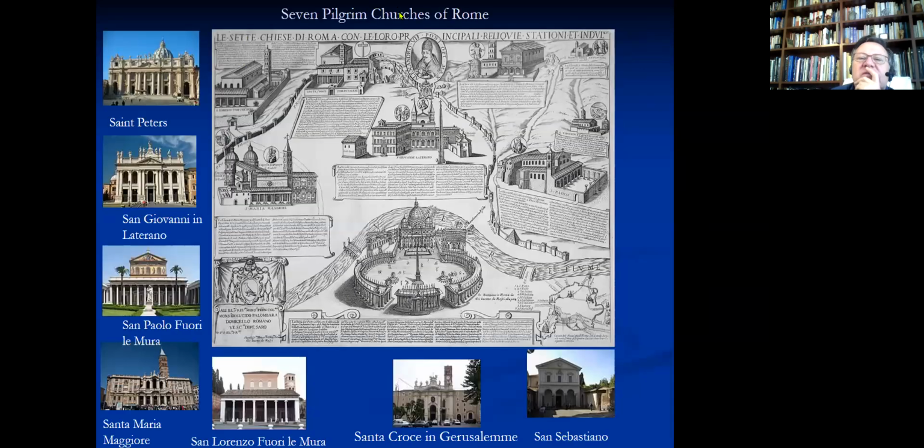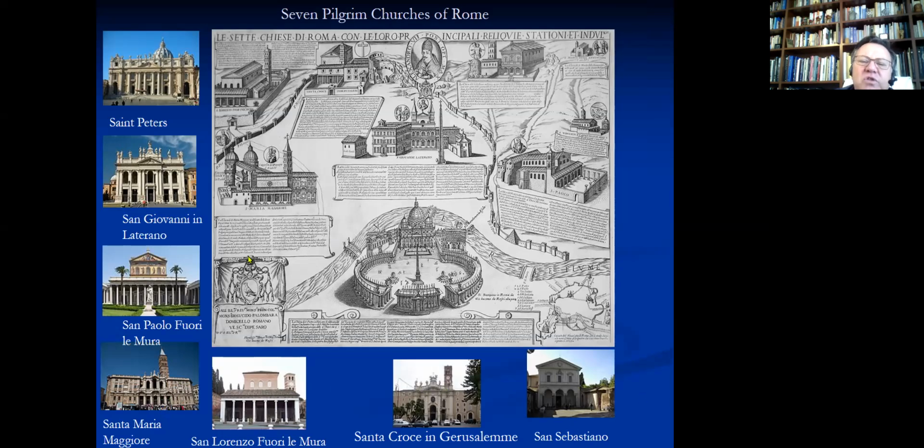The 7 pilgrim churches of Rome are as such: St. Peter's, San Giovanni in Laterano, San Paolo fuori le Mura, Santa Maria Maggiore, San Lorenzo fuori le Mura, Santa Croce in Gerusalemme, San Sebastiano.